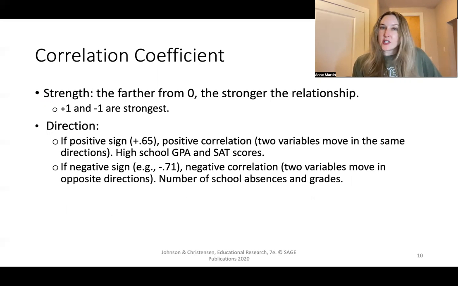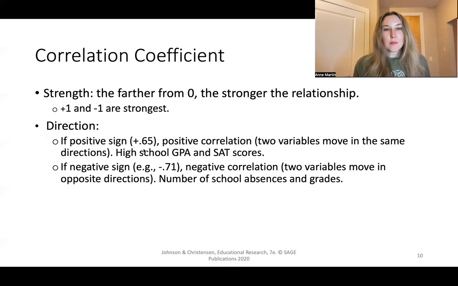One thing that I do want you to study is the correlation coefficient, which is something that you will see, and hopefully you'll see this in your article critiques when we do the quantitative article critiques. Correlation coefficients are between 0 and 1, and the closer they are to 1 or -1, the stronger they are.